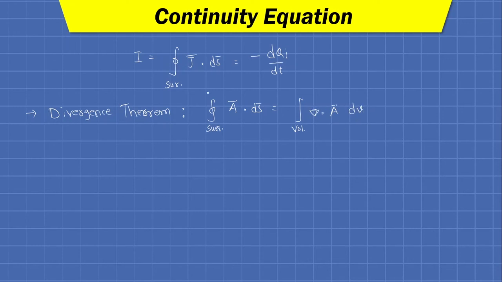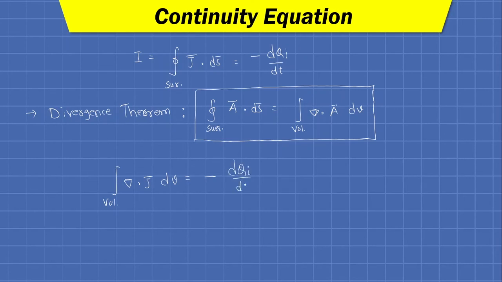Fine. So this is the general form of the divergence theorem, and we can use this form on any particular vector field. So here J bar, or current density, the left hand side of this equation has the same appearance, so we can apply the same divergence theorem on this equation also. So after applying the divergence theorem, we can write the volume integration of divergence of J bar dV equals minus dqi by dt.